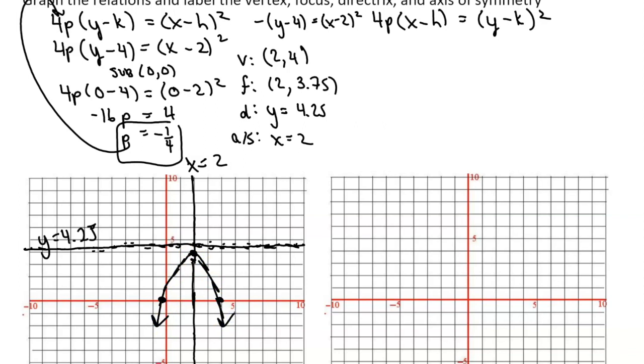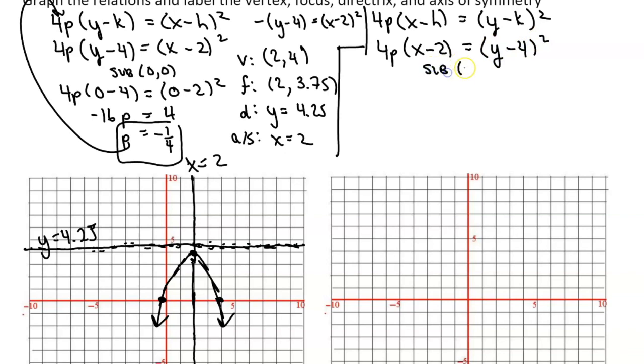Okay, for your second equation here, once again, let's sub in the vertex right away. So you could say 4p, and then we would say (x subtract 2) equals (y subtract 4) squared. You can sub in the point (0, 0).